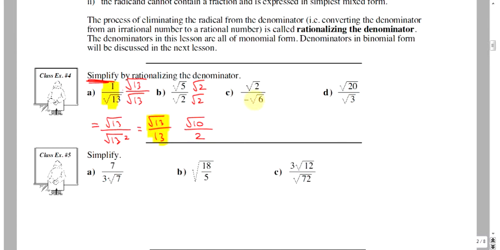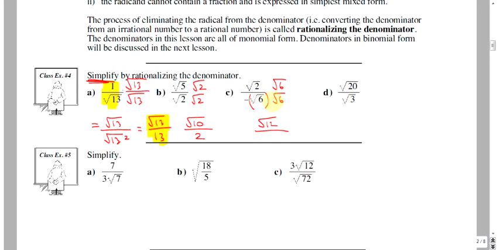All right. If it's negative, don't multiply it by negative, just multiply it by the radical. Multiply top and bottom by root 6. What do we have on the top? Root 12. What do we have on the bottom?